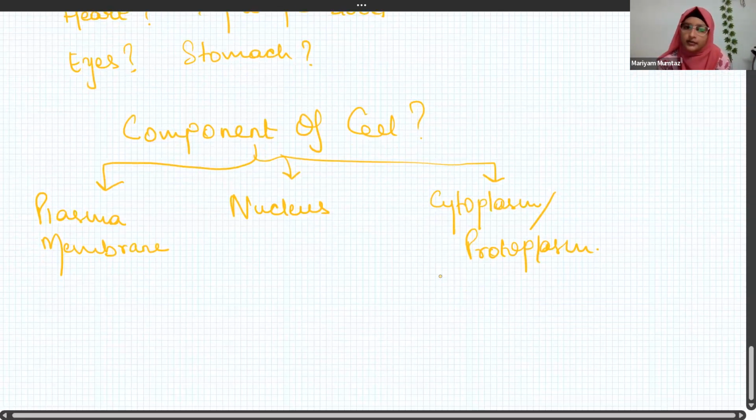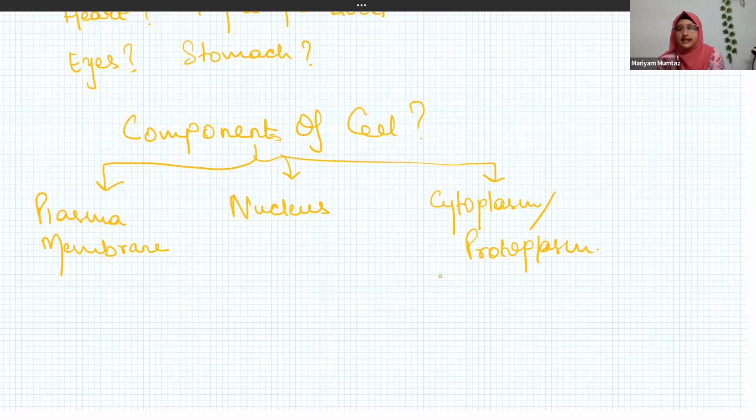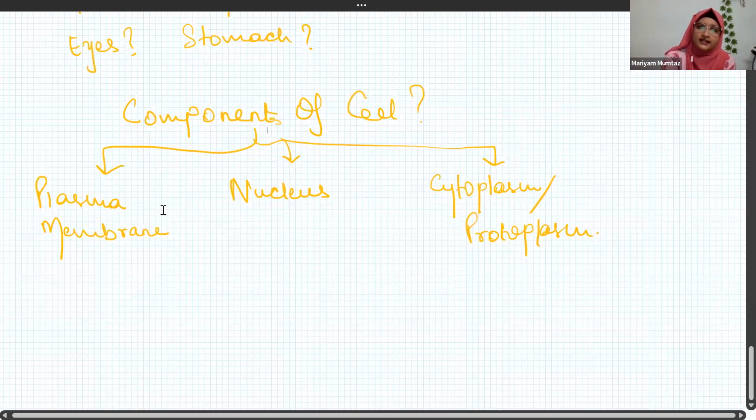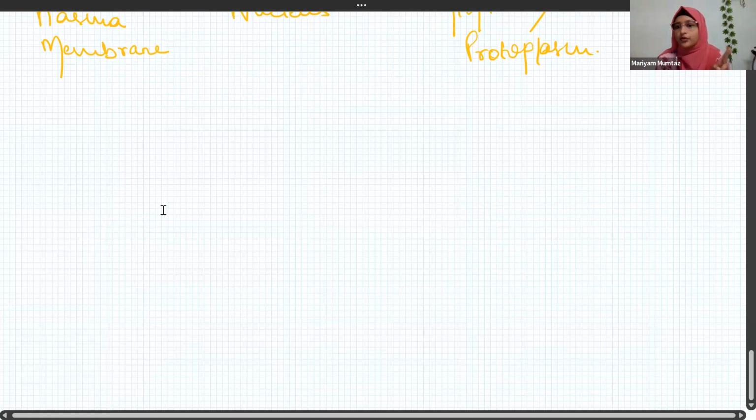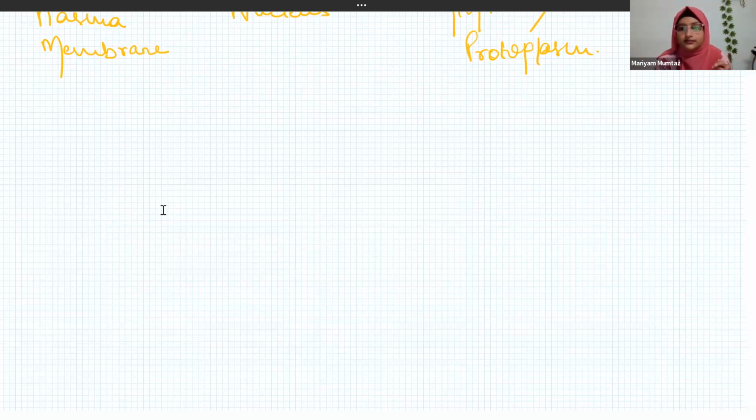Now, why are they components? Because they are present inside the cell. So the cell has a cytoplasm, a nucleus, and a plasma membrane. Now, before starting, do you know that there are two types of organisms, prokaryotic and eukaryotic? Yes. Okay. So first we are talking about prokaryotic.